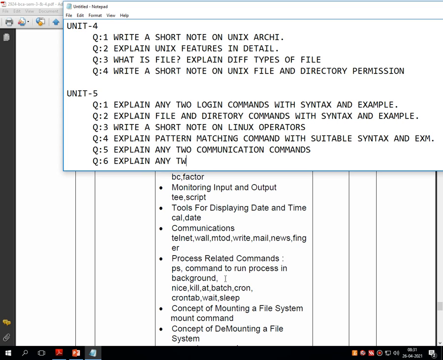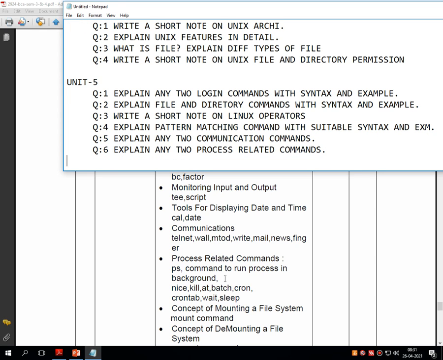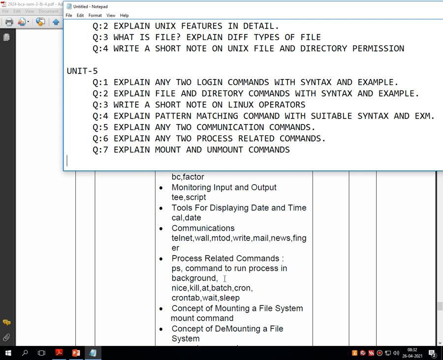Explain any two process related commands. Question number 7. Explain mount and unmount commands.